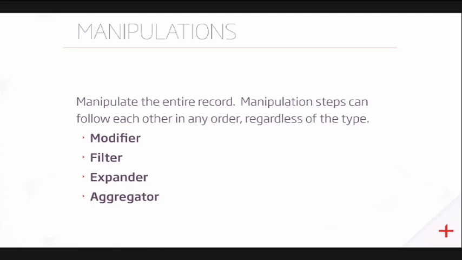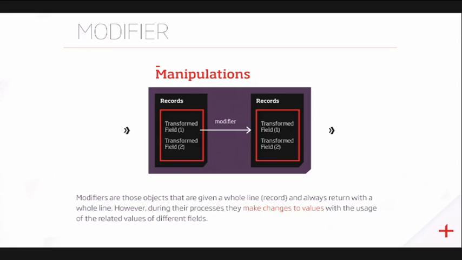And the aggregator is, I think, the easiest one, it just makes some kind of calculations and groups. So the manipulations just make changes, that's all, and every time it gives you the whole record. So here, not like the transformation step, which operates on every field individually, it will operate together, so you know every field value. So you can make some kind of changes and modifications based on the whole record's values and the state of the records.